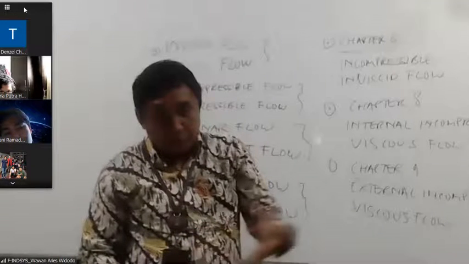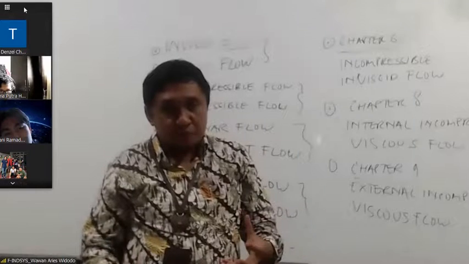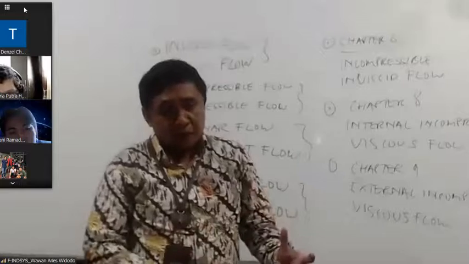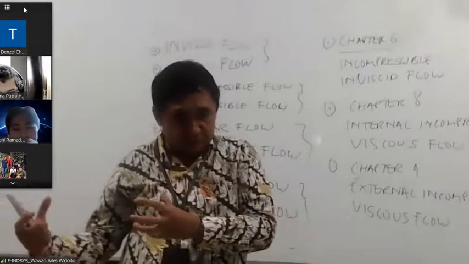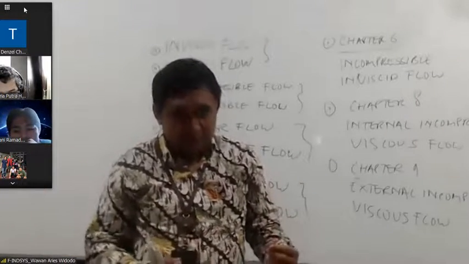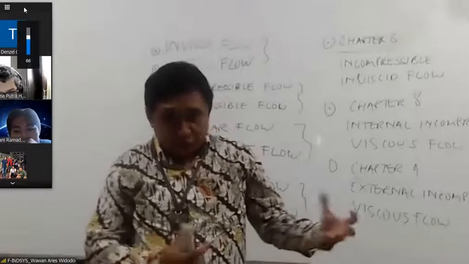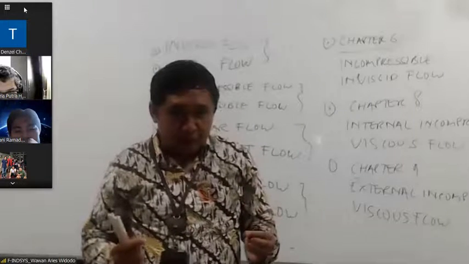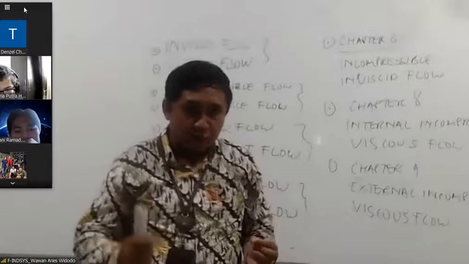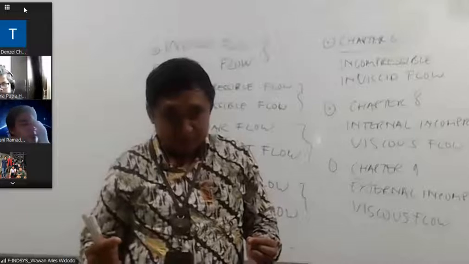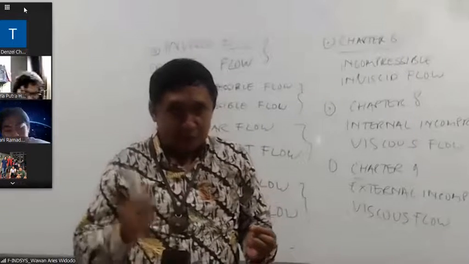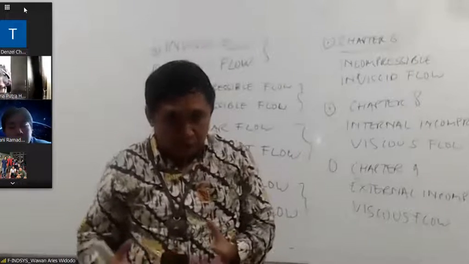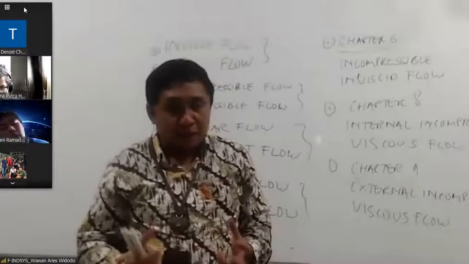But if you talk about flow, incompressible flow indicates that the density of fluid is constant, and the velocity when the fluid flows, the Mach number is less than 0.3, or the velocity of flow is around 100 meters per second.